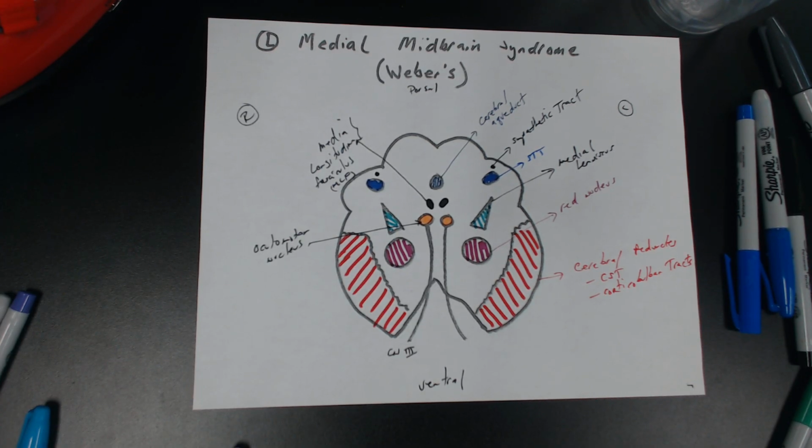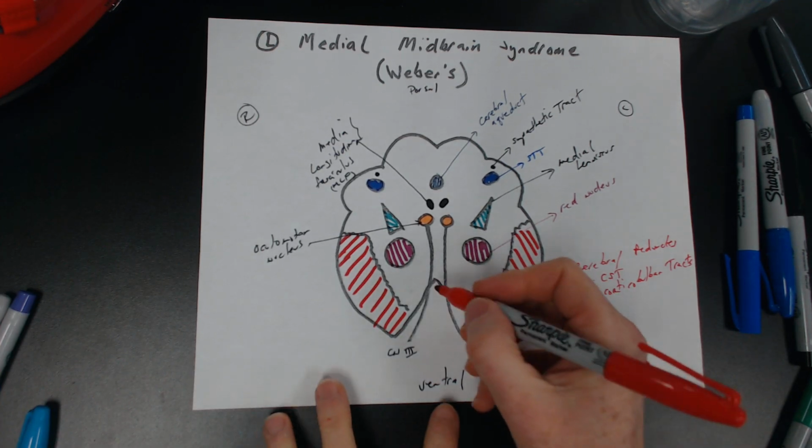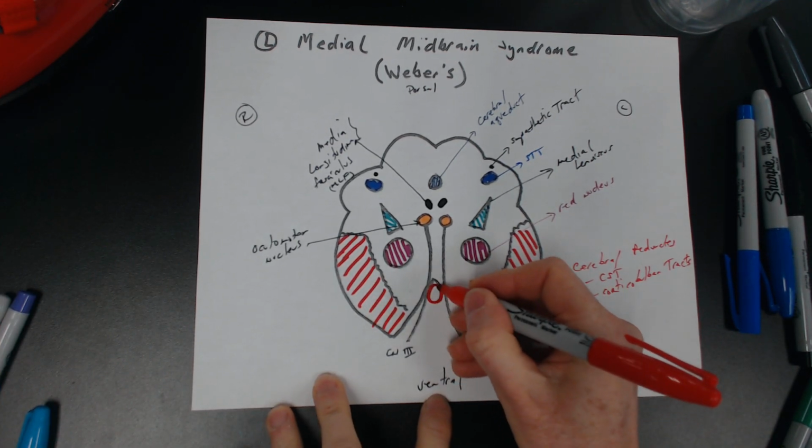Okay. You're in the midbrain. So the artery coming up from the pons, just above the level of the third cranial nerve, this is going to be your basilar artery.